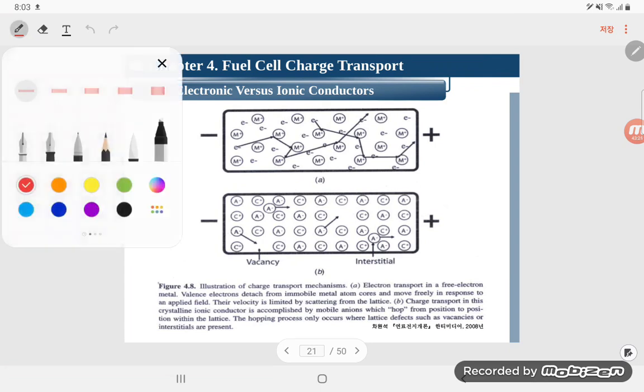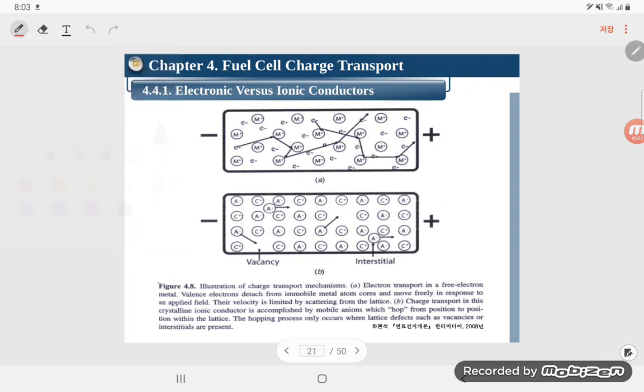For the first figure, A is the electron transport. This is the electrode, and this is the electrolyte. This is for ion, and this is the electron.